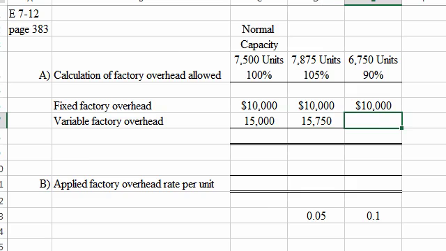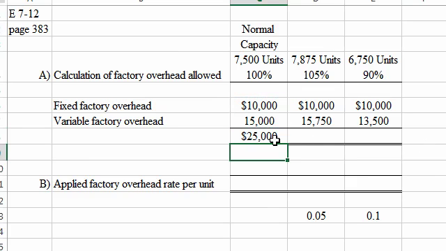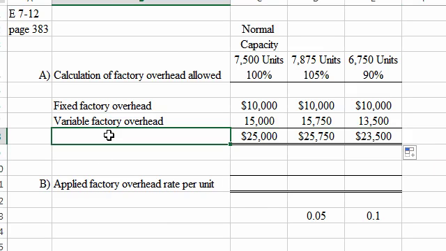To get our variable factory overhead at 90% of normal capacity, we'll say 15,000 times, you guessed it, 0.9. Now we want to total these, so we'll sum each column. And then I'm just going to bring that over. Okay. And we'll call that total factory overhead, as you might have guessed.